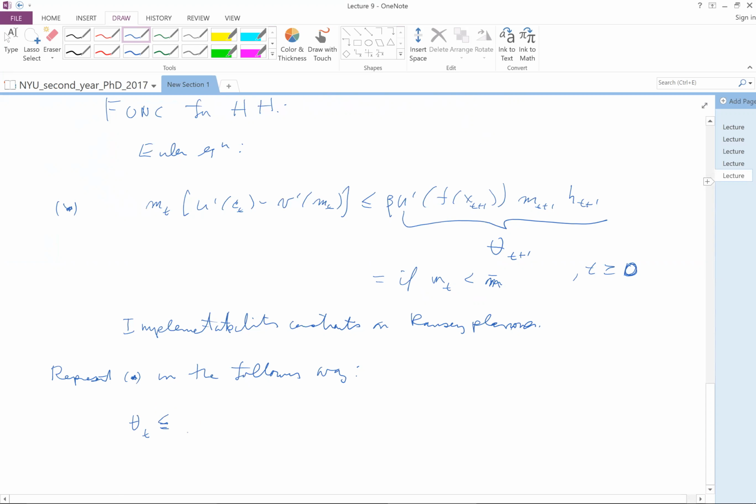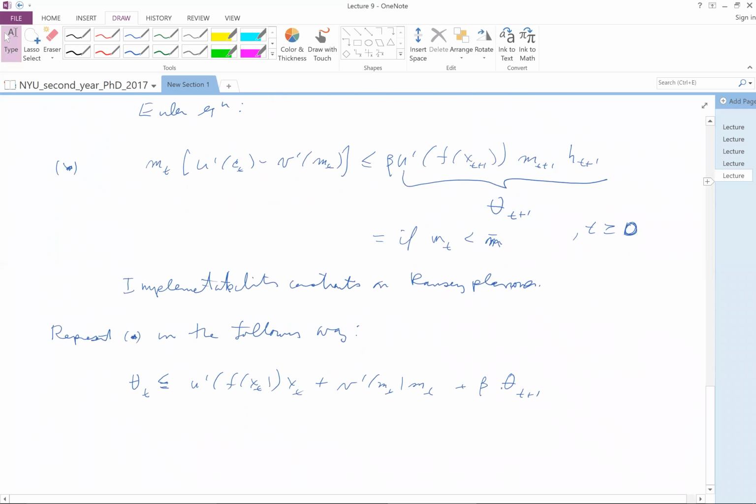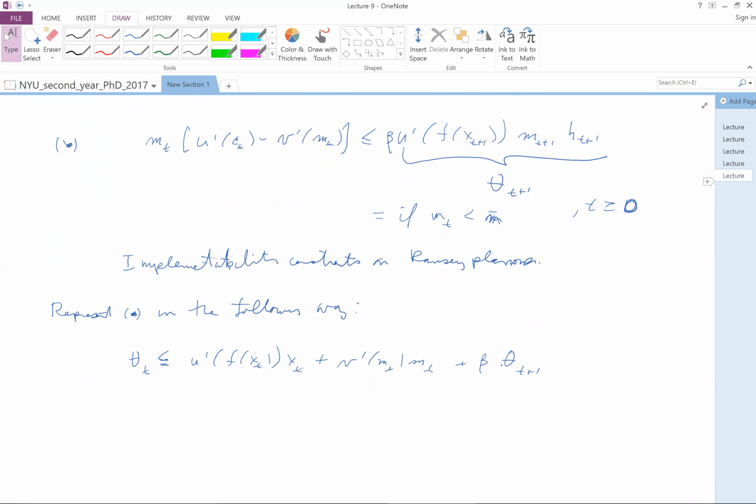Theta t less than or equal to... and I'm going to insist that this is true for every t greater than or equal to 0, where I'm also going to insist that theta 0 is equal to u prime.